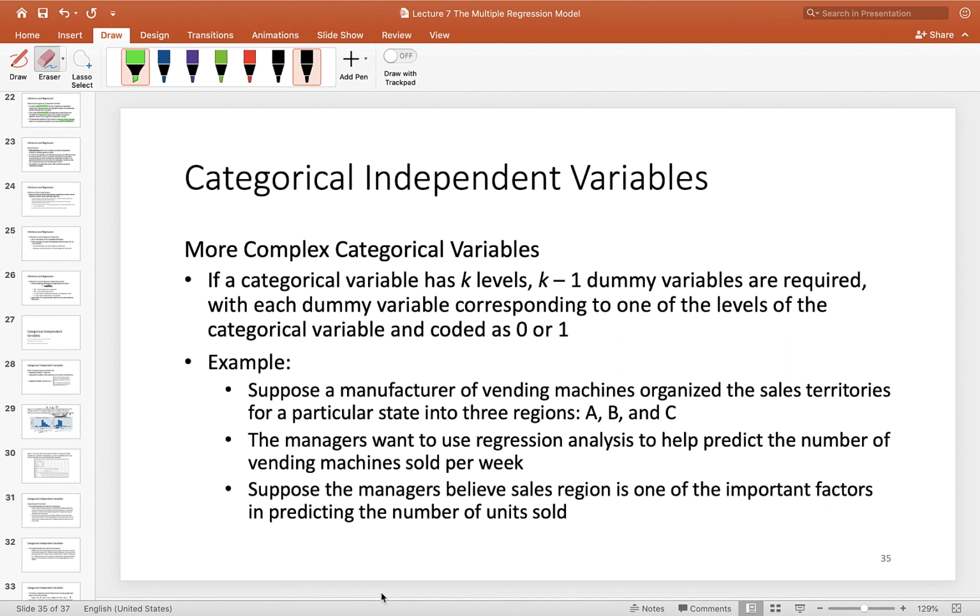And the number of independent variables you need to add to your model to be able to cope with those is k minus 1. So in the example we looked at just now, we had you either drive on the freeway in traffic or you don't. And so there are 2 different levels, and k equals 2 in that case. But the number of independent variables I need to add to my model to take care of that is 2 minus 1, which is just 1. And that's exactly what we did.